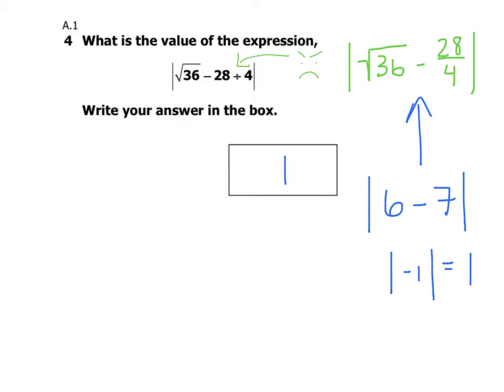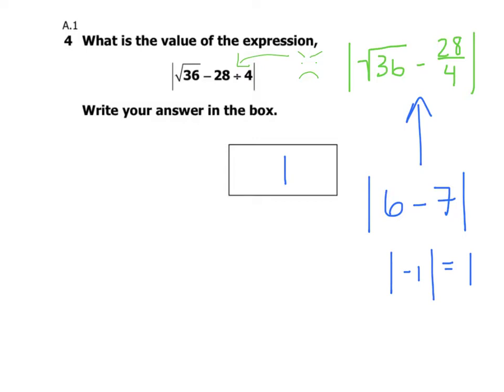And that was the only correct answer to that problem. So recall, again, that you need to think of those absolute value bars as a grouping symbol where you are doing all of the math inside till you get a single value, in this case negative 1, and then finding the absolute value of that.